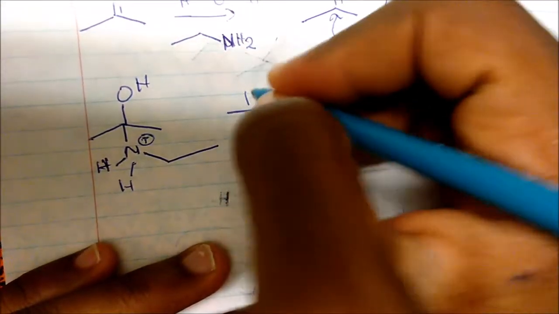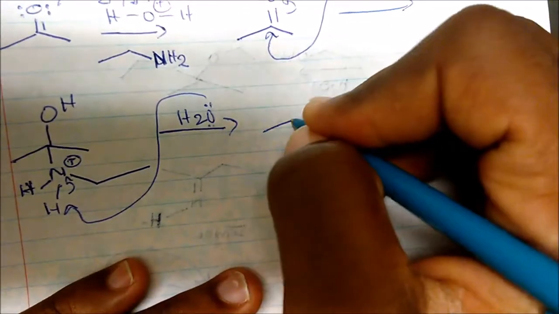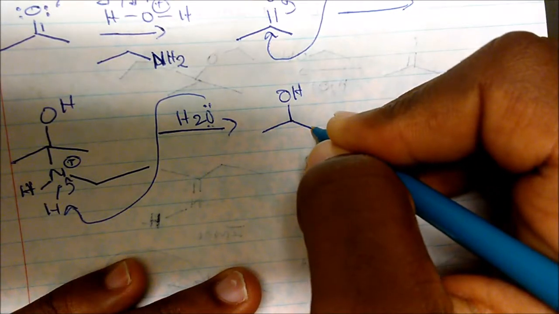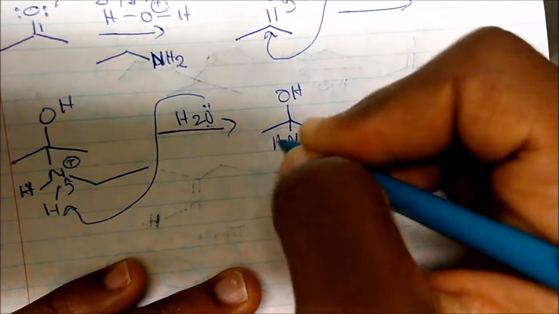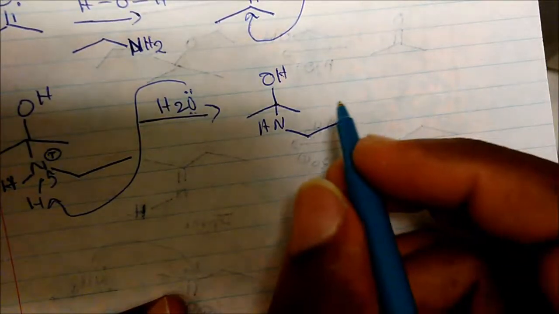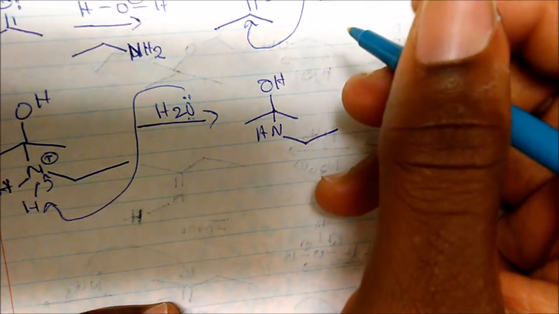So in the next step, remember, we form water in solution, so it will come in and act as a base and take one of these hydrogens off and neutralize the molecule. So we still have our OH, we have this R group, and we have NH. This is now neutralized. So what do you guys think will happen in the next step?